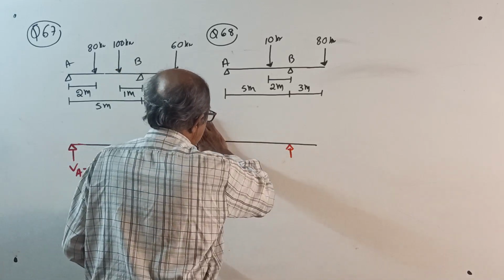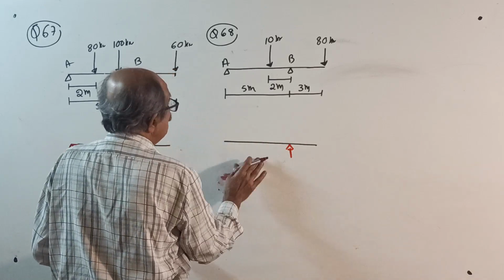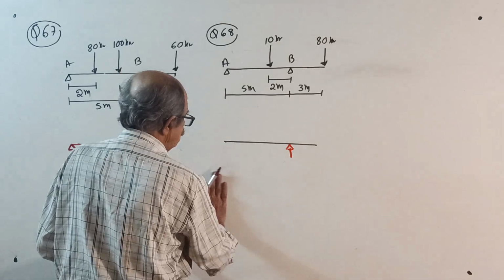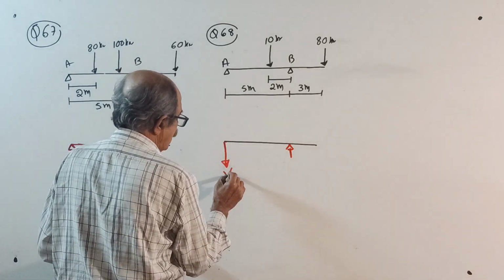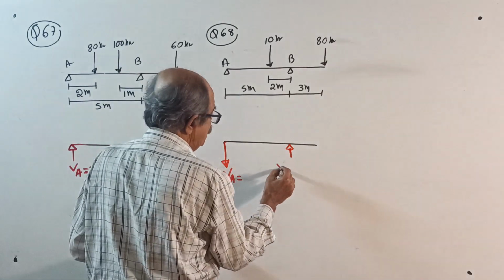Actually, no. This time I know that your reaction VA will come down. I know it. So you take VA upwards. After solving, your negative sign will come. So then you can make out VB.